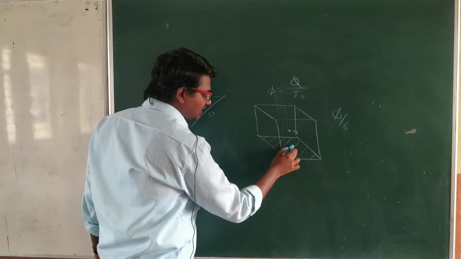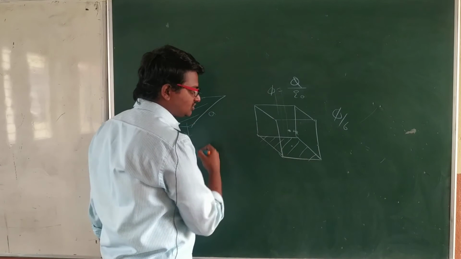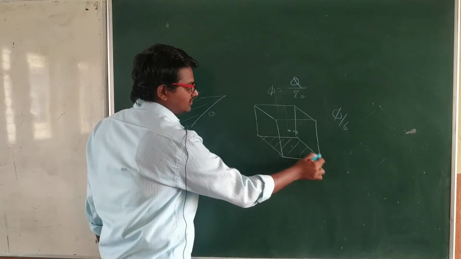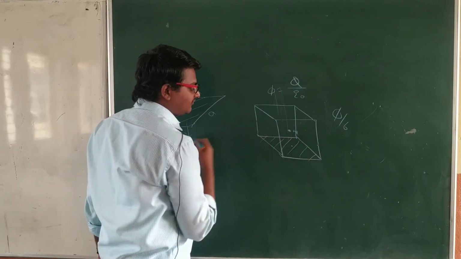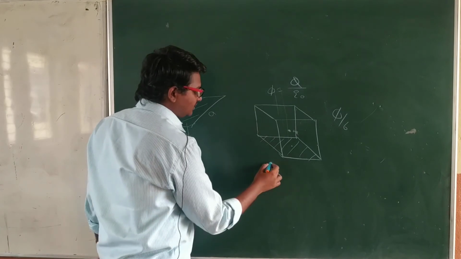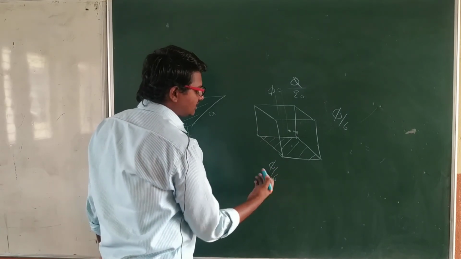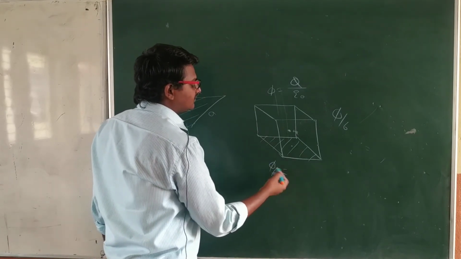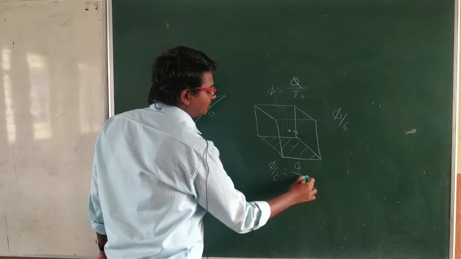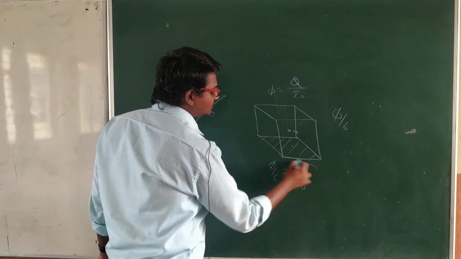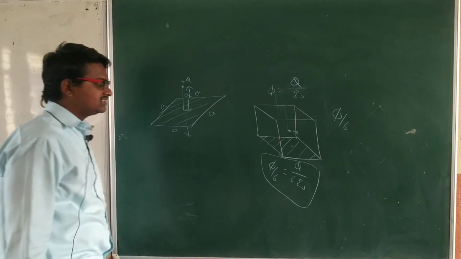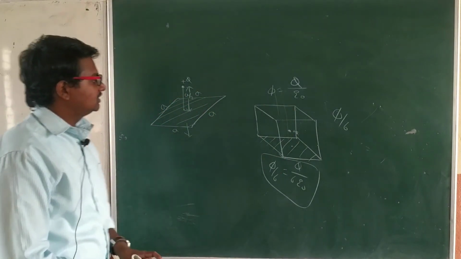In the same manner, here also phi by 6 is going to be shared by the bottom face of this cube. The answer is phi by 6. That is q by 6 epsilon naught simply.